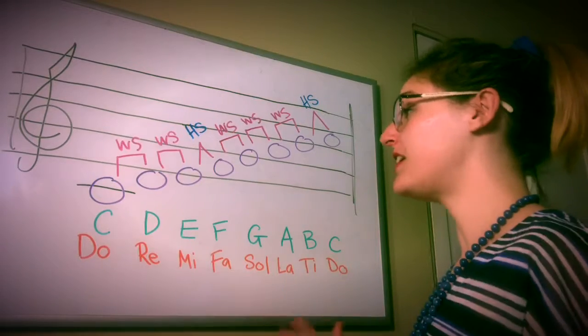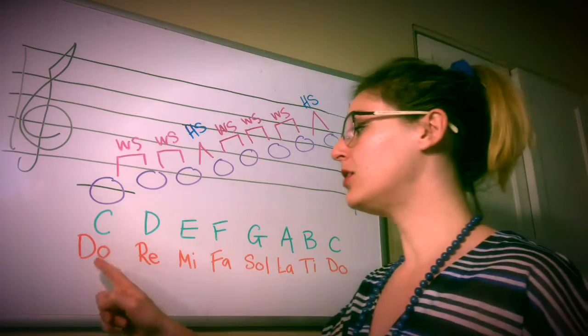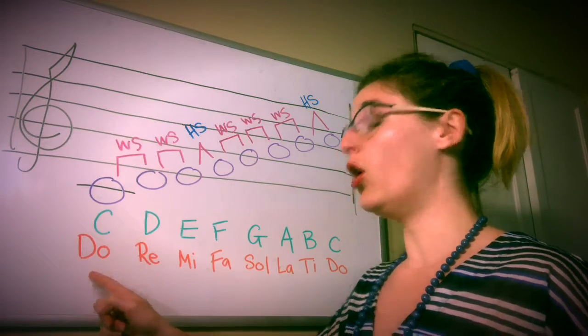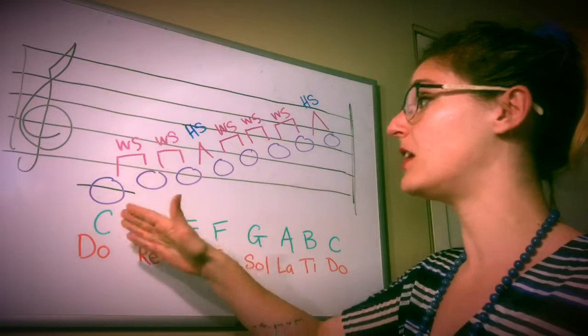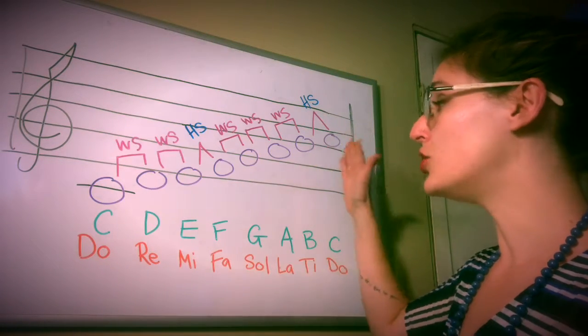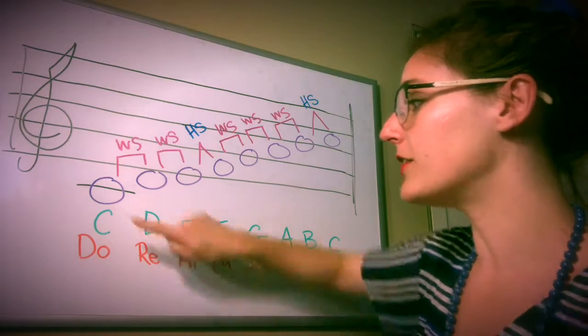This is our formula for building the major scale. Whether you're starting from C as do, or from some other note completely, if you follow this formula of whole steps and half steps, you will be able to build a major scale.